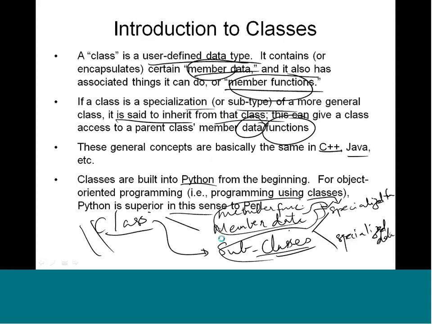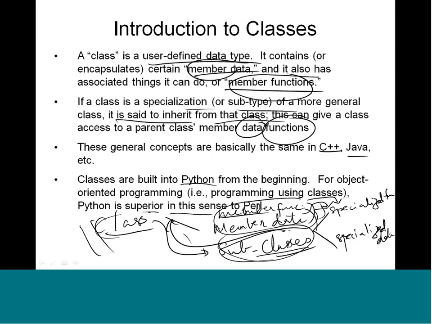Essentially it's like any other object oriented language. So it has member functions and member data for the class, and you can also define subclasses which inherit all the properties of the original class.